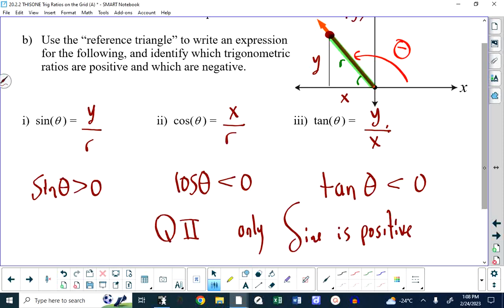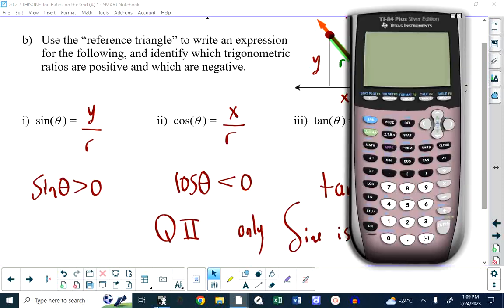Let's just try this. Everybody pick your own personal angle that you know is in quadrant 2 and take the sine of it. I'm going to pick 112.8, which is past 90 but less than 180. It's in quadrant 2.